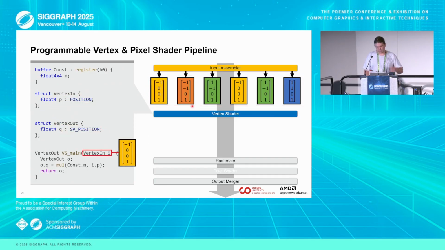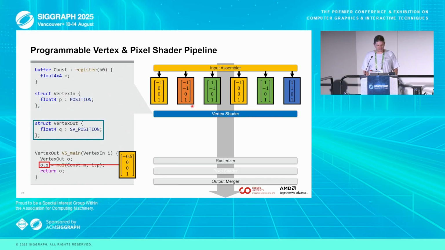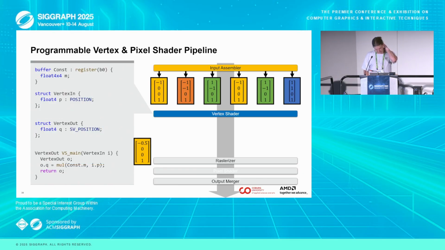However, you as a programmer would write a little function here, vs main, which would specify how you would transform every vertex. So that would consume the input vertex. You would do some arithmetic with it and output the transformed vertex into a special output vertex data structure, and eventually return it. And here, everything happens in parallel for all vertices at the same time.